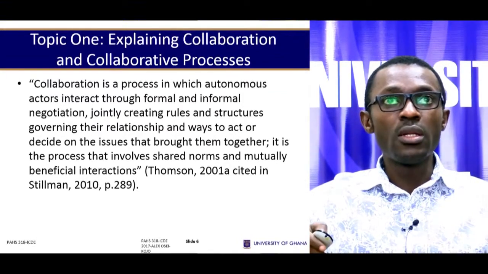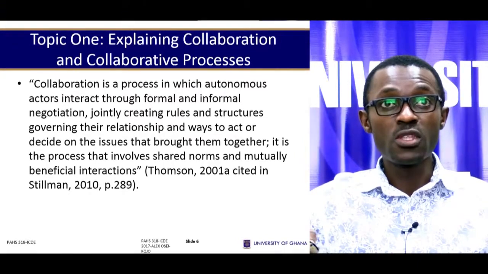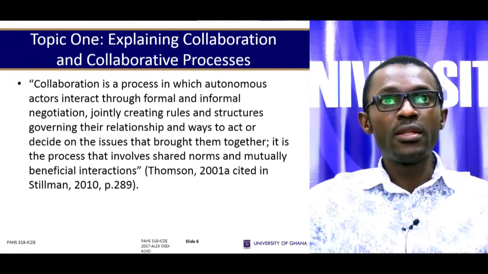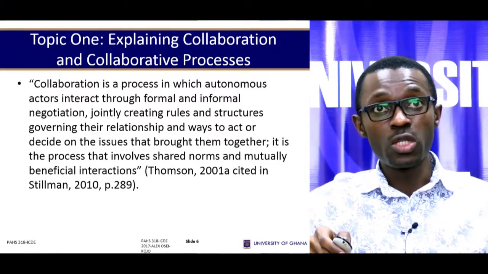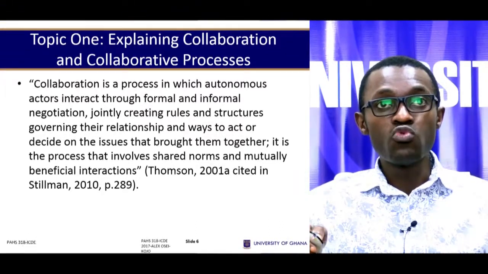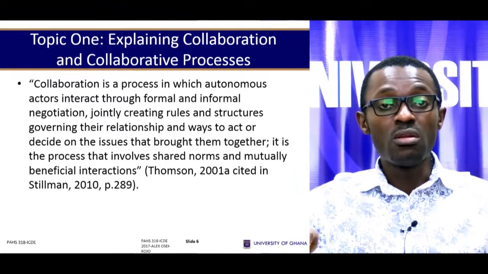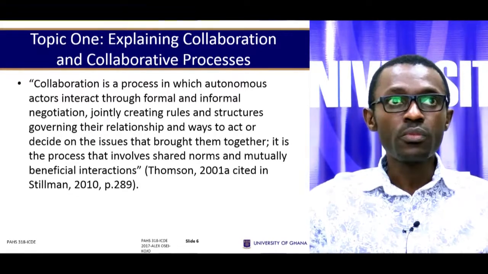And the channels through which these organizations operate can be both formal and informal. And then there's a need to also bear in mind that on the basis of this definition, the organizations that come together have to create rules in order to govern their relationship. Otherwise, there will be chaos.